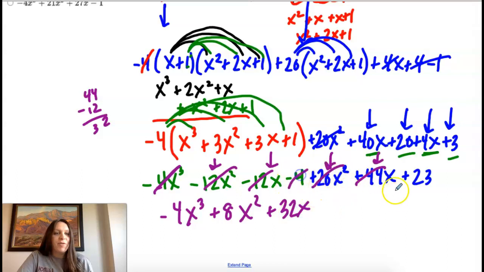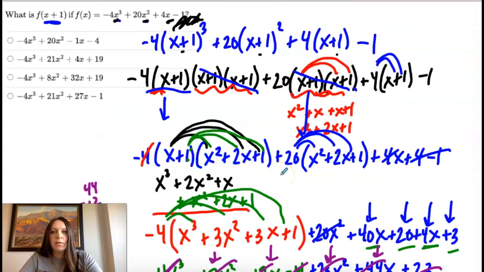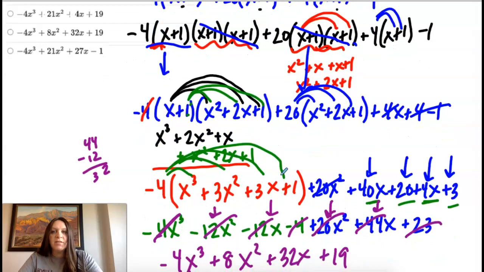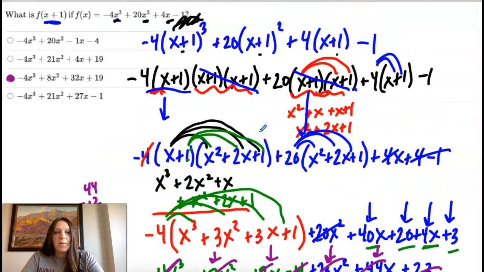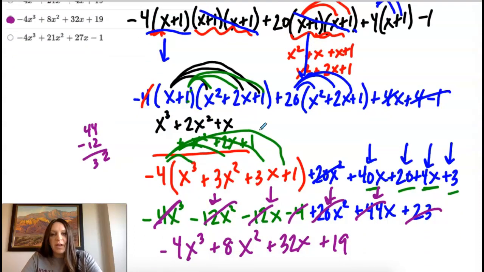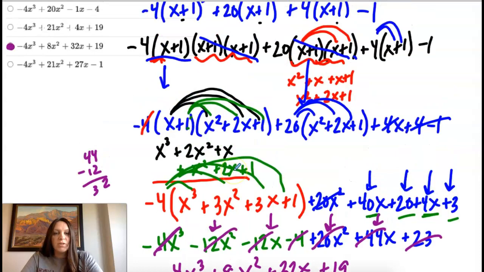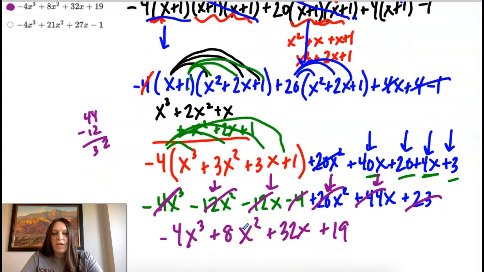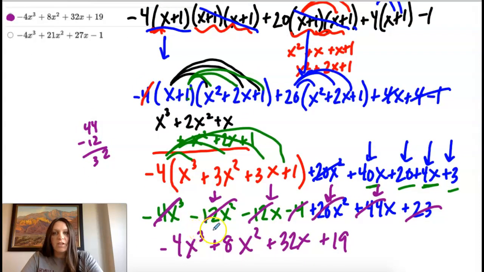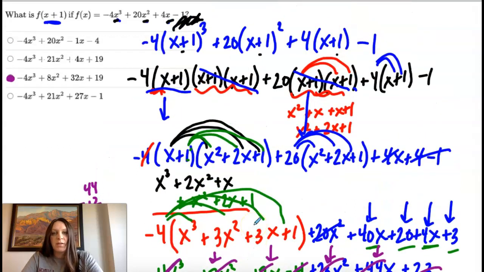And then negative 4 plus 23 is plus 19. So when I go look at my answers, I can see this final one right here. A lot of this, guys, is just the algebra. It's combining like terms and multiplying binomials and trinomials, but you're just trying to get it down. So there's an x cubed, x squared, x.